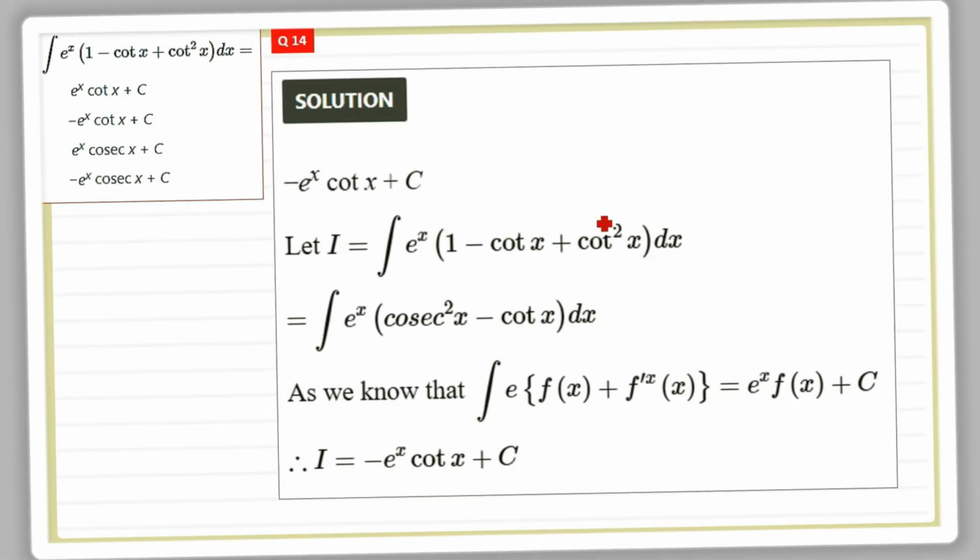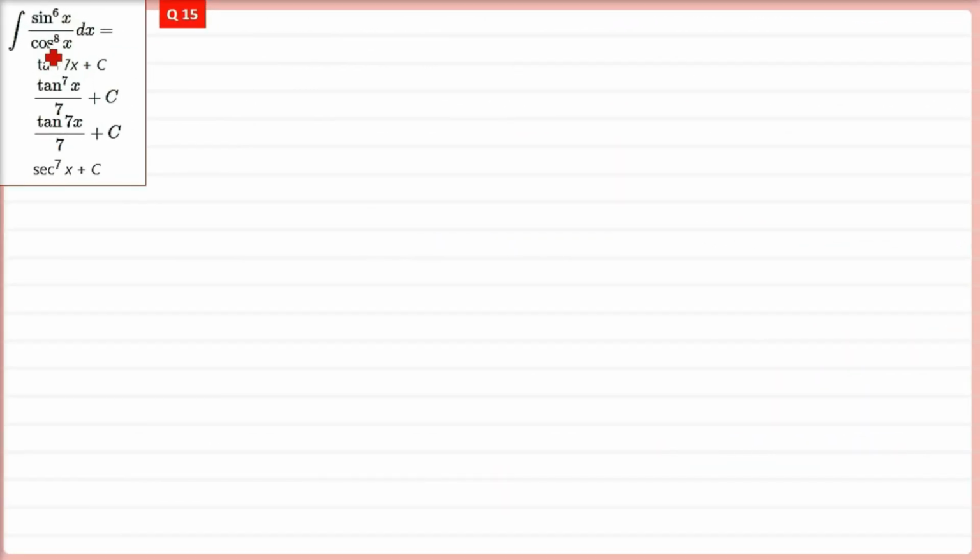We have applied the formula here. Now we have sine raised 6 and cos raised 8. If it had been sine raised 8, then we would have had cos raised 8 as well, and we could have done something with that. So let's go along with that concept, because we have tan in the answer. What we will do here is take sine raised 6x and cos raised 6x, and then separate cos square.